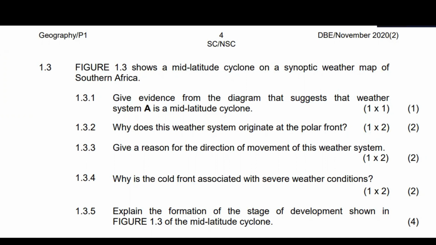They say, give evidence from the diagram that suggests that weather system A is a mid-latitude cyclone. What evidence do we have that suggests that weather system A is a mid-latitude cyclone?